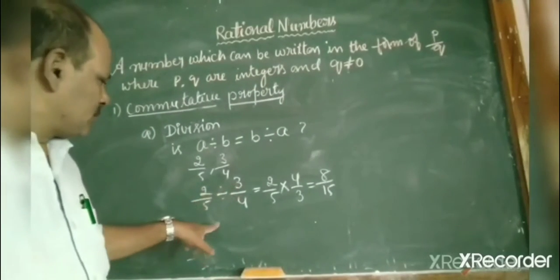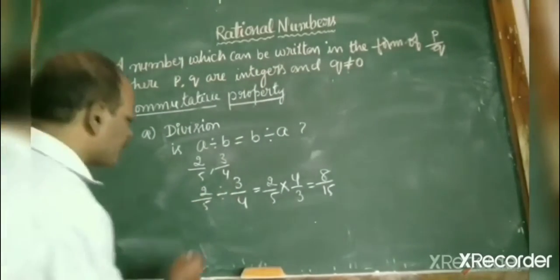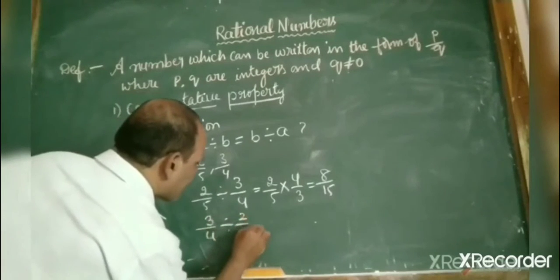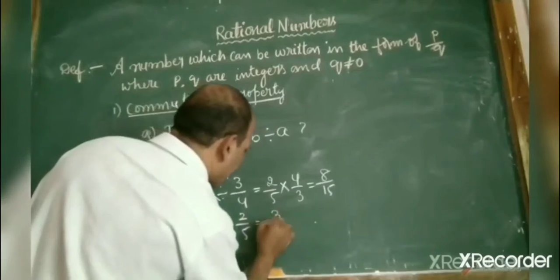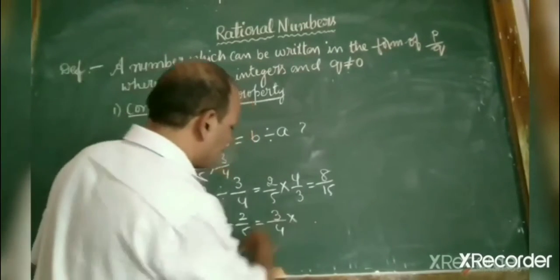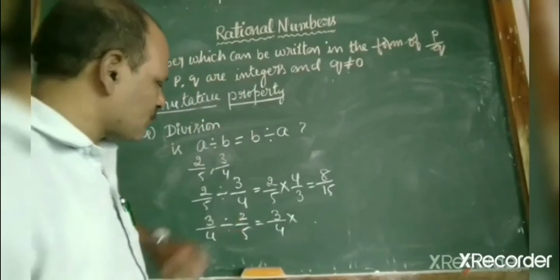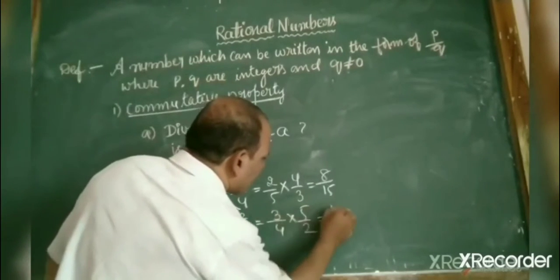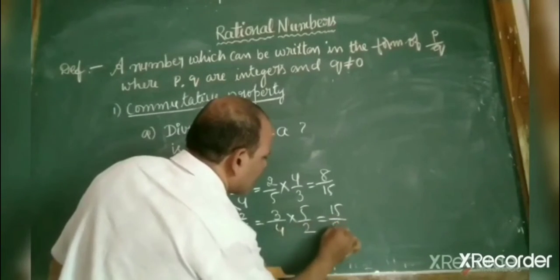Now I am checking B divided by A. 3 by 4, this division symbol changes into the multiplication symbol. Next, the reciprocal of the next number, that is 5 by 2. 3 fives are 15, 4 twos are 8.